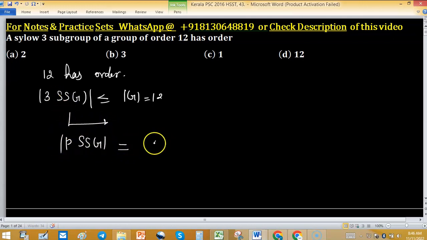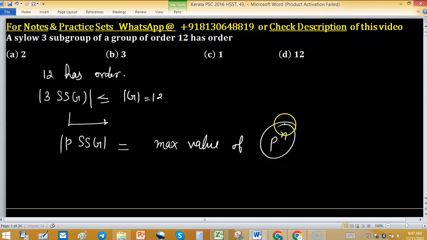is equal to the maximum value of the prime and its power, suppose p raised to the power n. The value of this p^n will be the order.